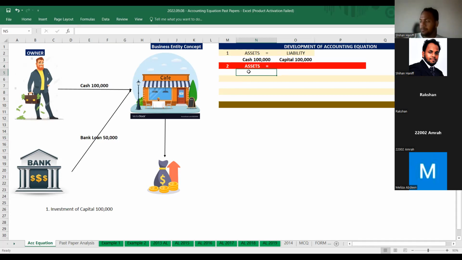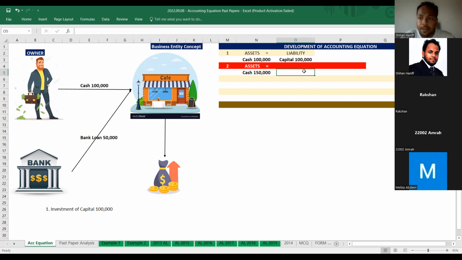So total, there is 150,000 cash in the business. Then total liabilities, total payable, is 150,000. 100,000 is payable to the owner. Another 50,000 is payable to the bank.